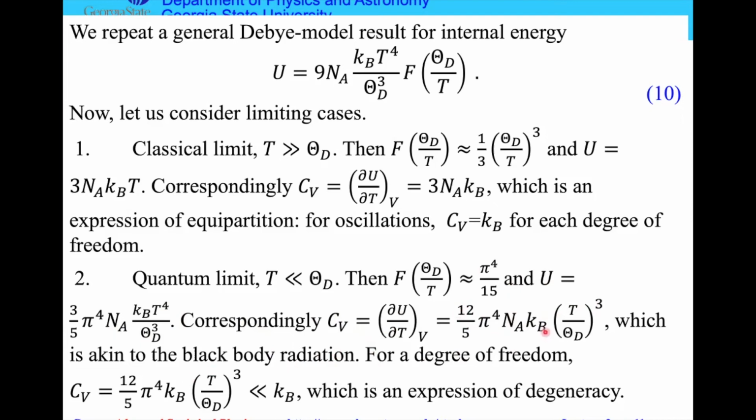And this is the counterpart of the corresponding formula of blackbody radiation, where thermal capacitance is the cube of temperature. And per degree of freedom, Cv is much less than k_B, much less by this very, very small factor. And this is what is called degeneracy.